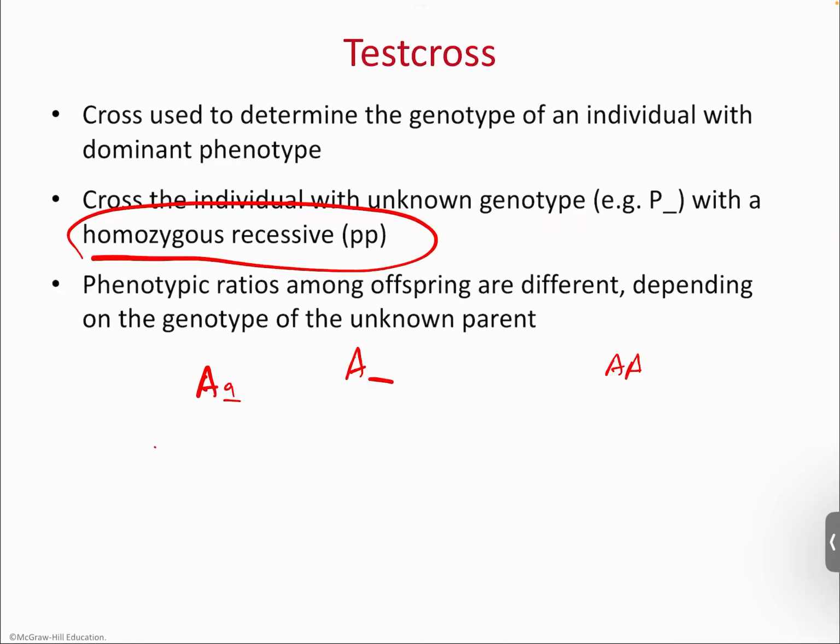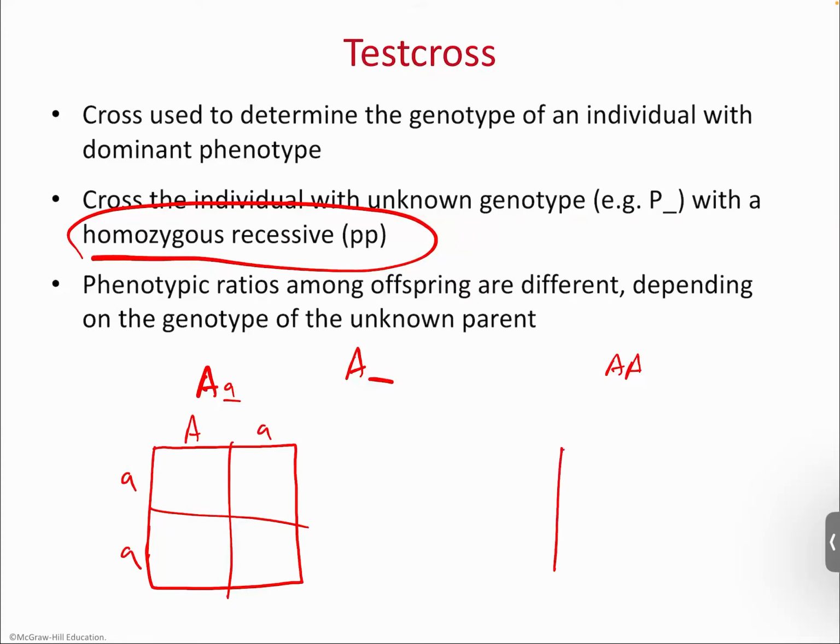So you take your homozygous recessive, which you know will only give the little recessive allele, little a. And this one will give either big A or little a. You do the same thing over here. There's your tester. This will give either big A or big A.